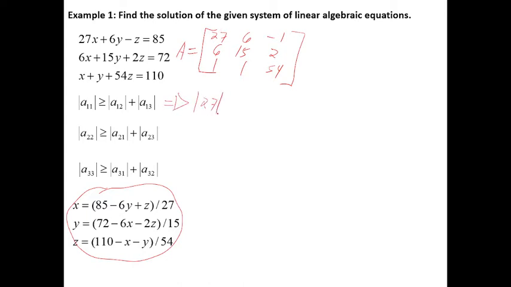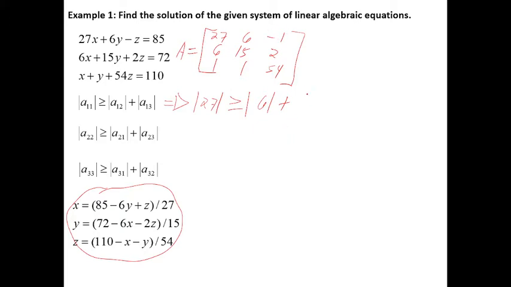Absolute value of 27 greater than or equal to absolute value of A12, that is 6, plus absolute value of A13, that is negative 1.